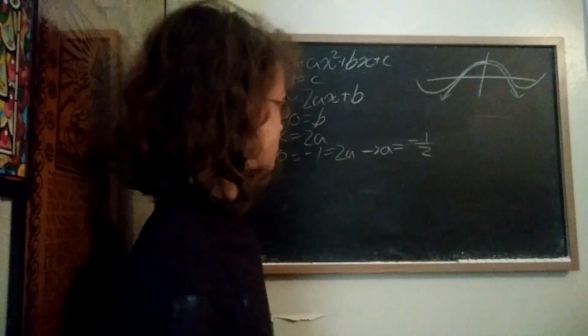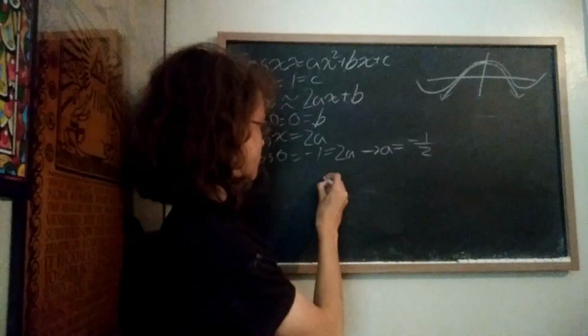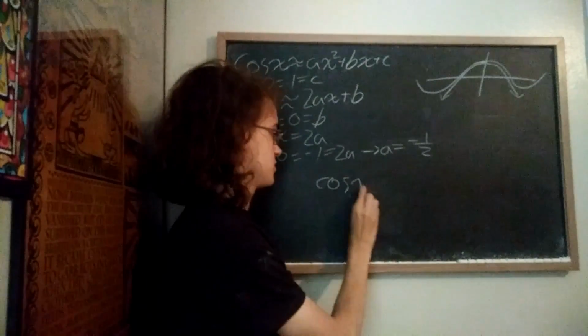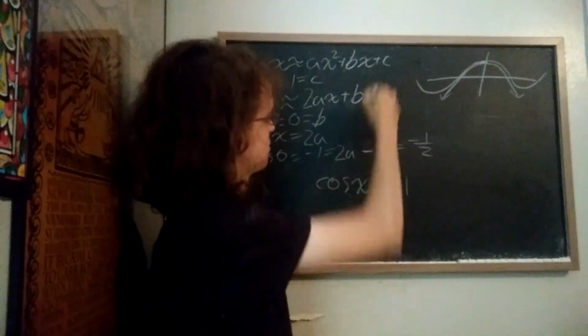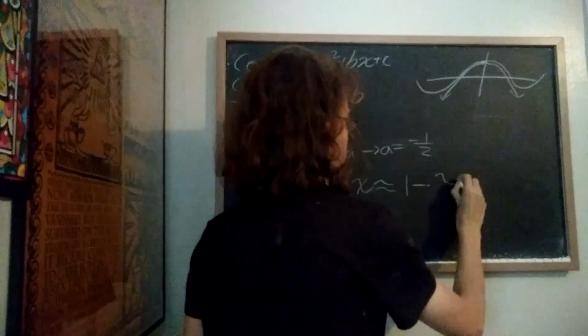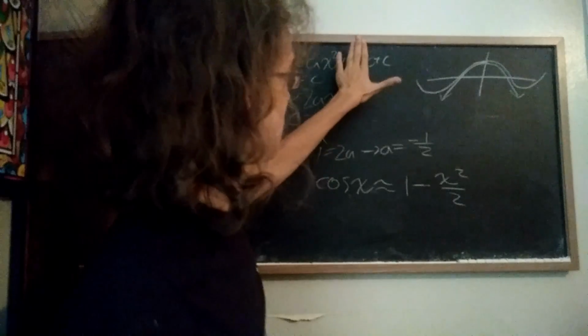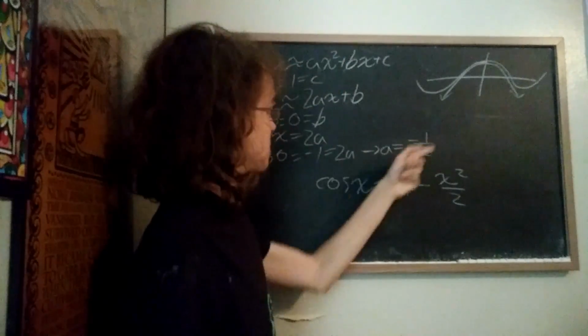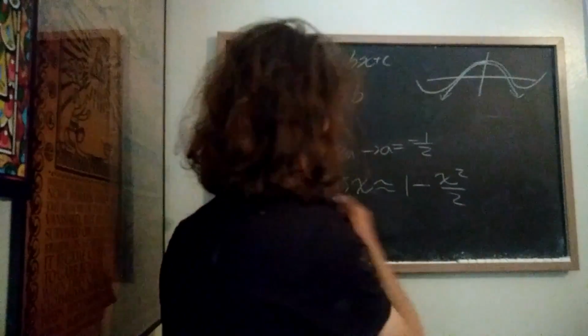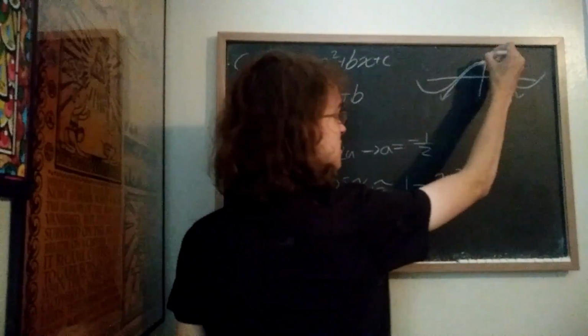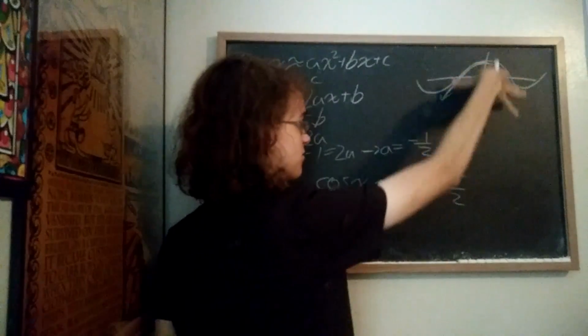Now we combine these two things, and our cosine approximation is going to be 1, which is our c term, minus x squared over 2, because we had no b term, so the middle term cancels out, and the minus 1/2 goes with the x squared. This makes a parabola that starts up here and curves down, just like we wanted.